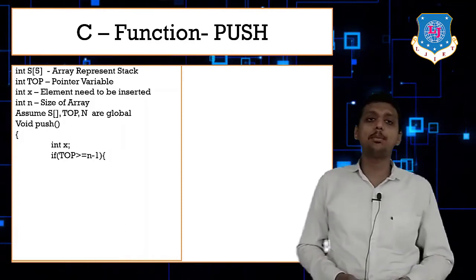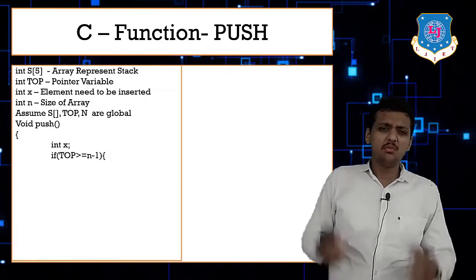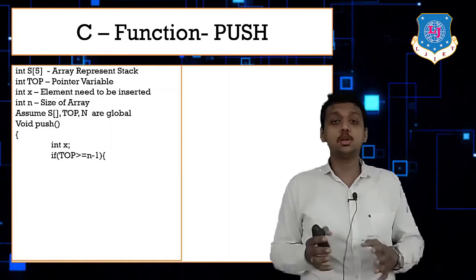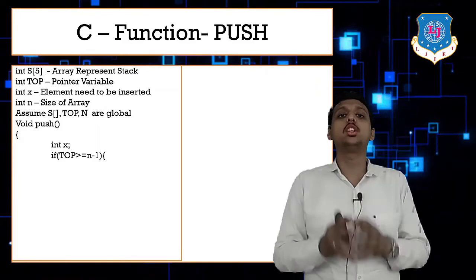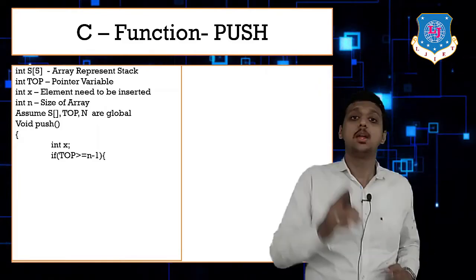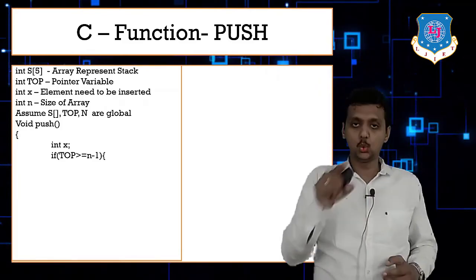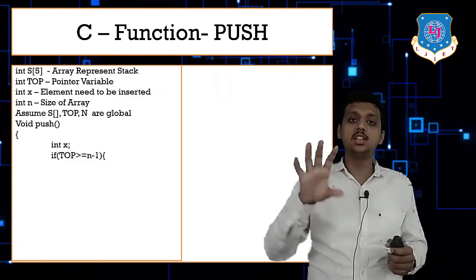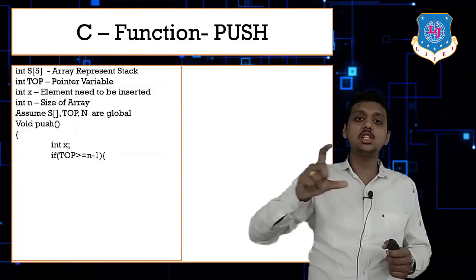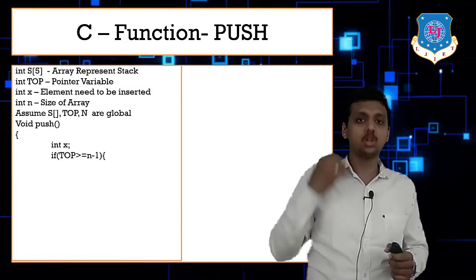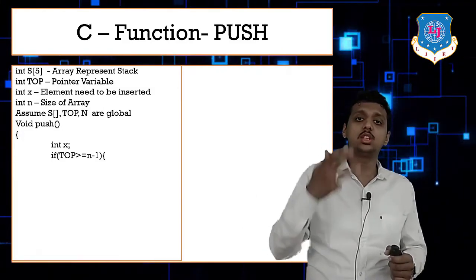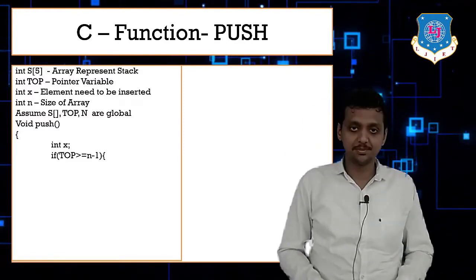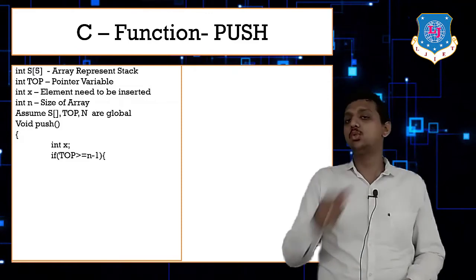So if top is not equal to n minus 1, see, why am I taking this n minus 1 over there? Just because, students, if you check the algorithm, the index starts from 1, but in a program the index starts from 0. So if I have a stack of size 5, then the array ranges over 0, 1, 2, 3 and 4. So 0 to 4 is my array size. That's why I need to write it like this in the program.